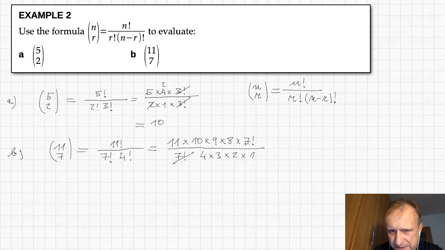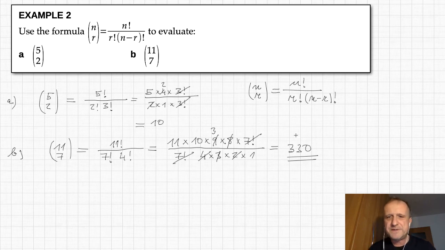Now, cancelling this out, what remains is to work with these numbers and try to simplify. For example, 4 times 2 is 8, so I can cancel this number 8 from the top. And 3 can be cancelled also and leave this to be 3. So the answer is 11 times 30, which is 330. So 11 choose 7 is 330.